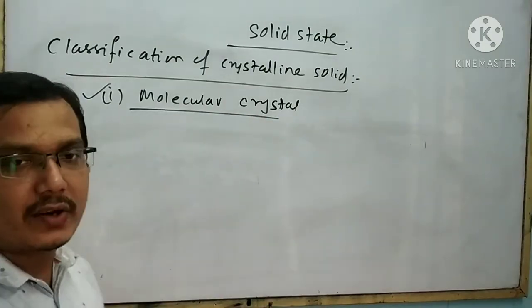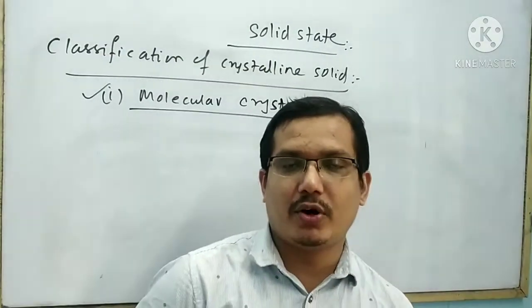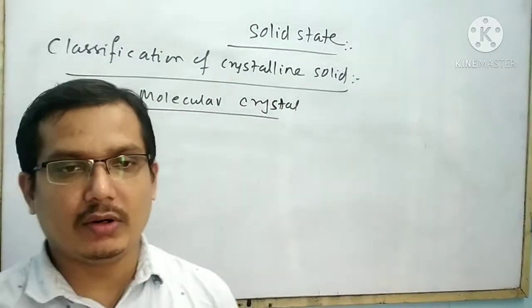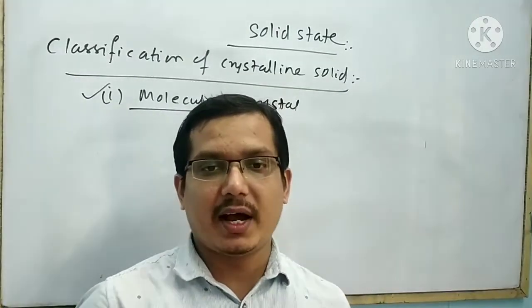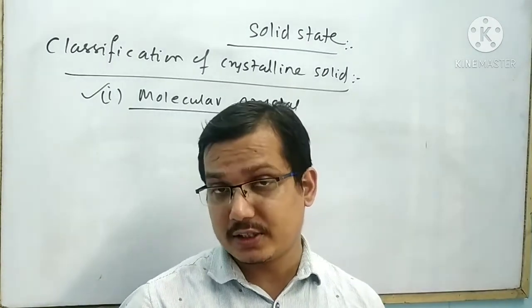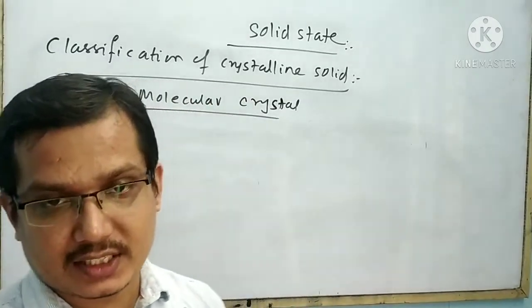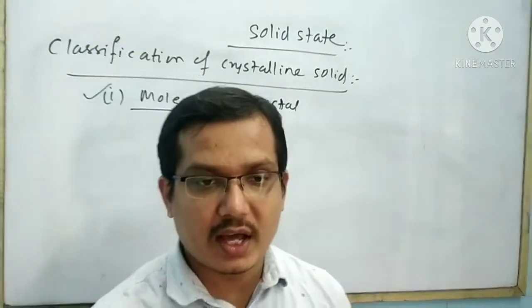What is the molecular crystal? When the lattice points in a crystal are occupied by small molecules which are held together by weak van der Waals force of attraction or hydrogen bond, then such types of crystal are called molecular crystal.